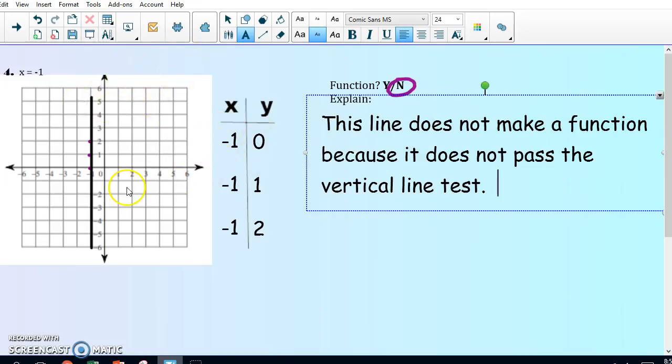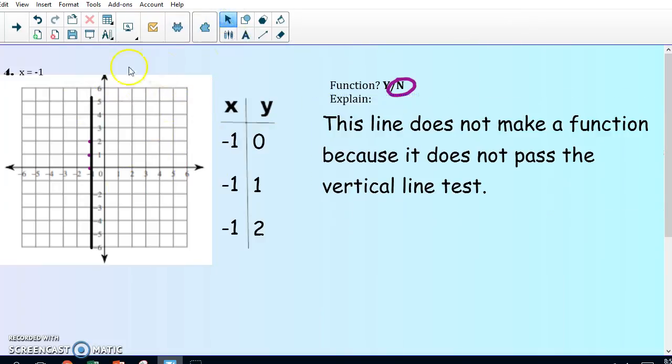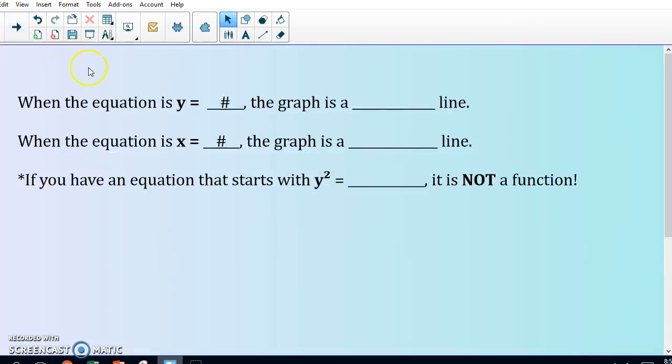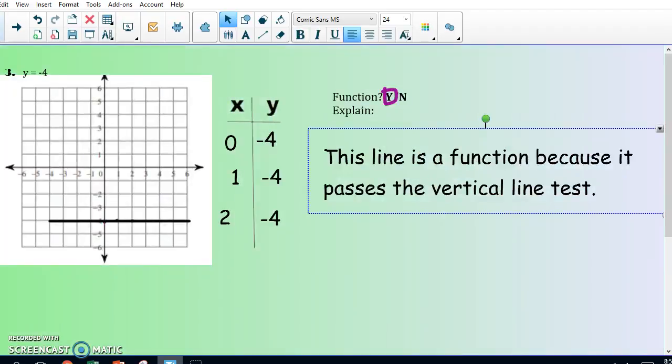Make sure you understand these concepts before your test tomorrow. Now, when the equation was in the y equals a number format, such as here where we have y equals -4, the line that it created was a horizontal line.